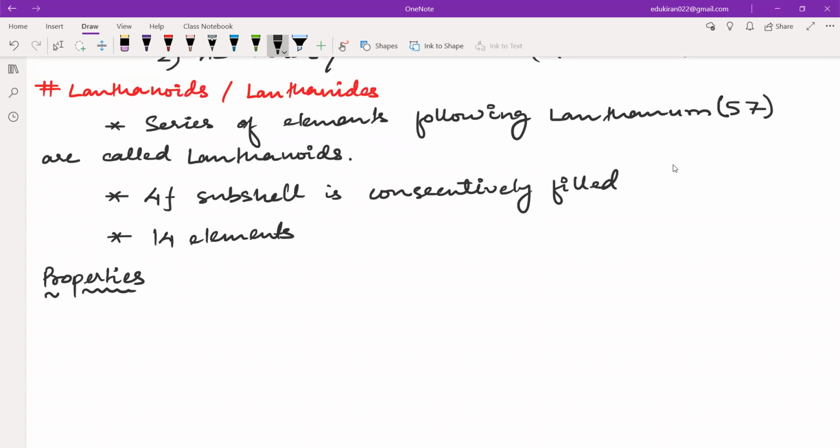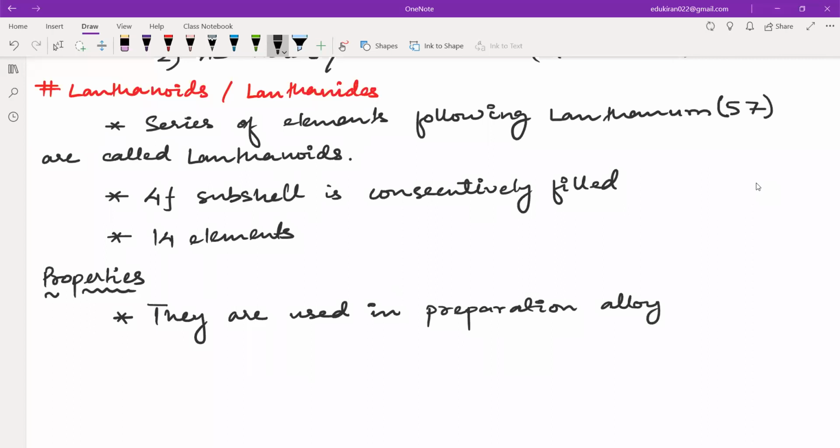Next is properties. The most important property of lanthanides is that they are used in the preparation of alloys.